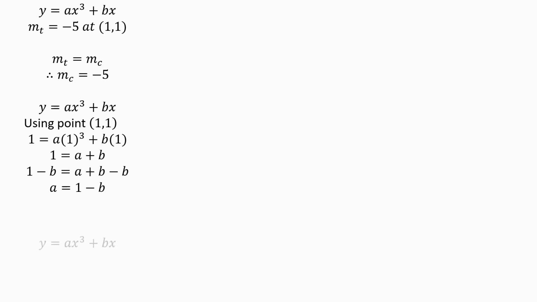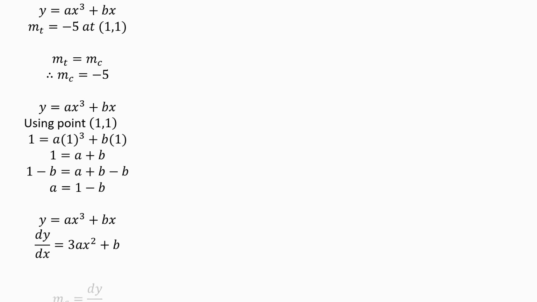Then the next step, we need to differentiate our equation of the curve, since the differentiation of a curve is equal to its gradient. And so the differentiation of y equals ax cubed plus bx will be 3ax squared plus b. If you need help in differentiation, just leave a comment below.